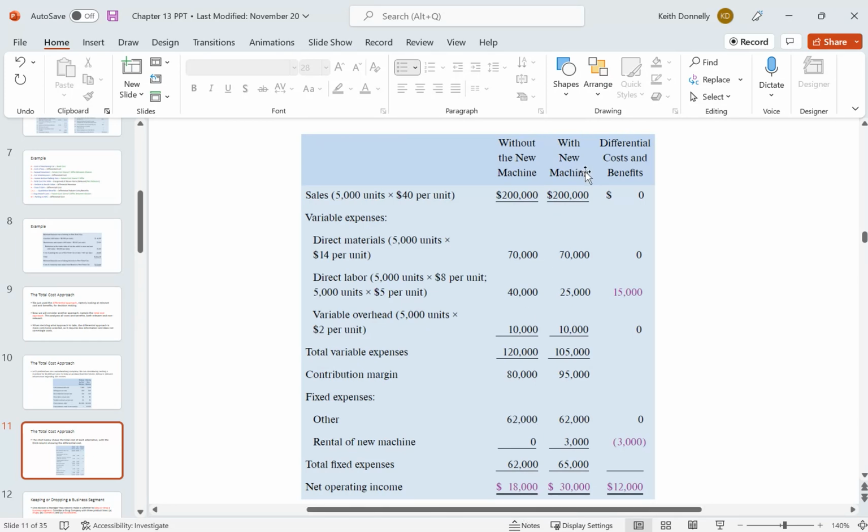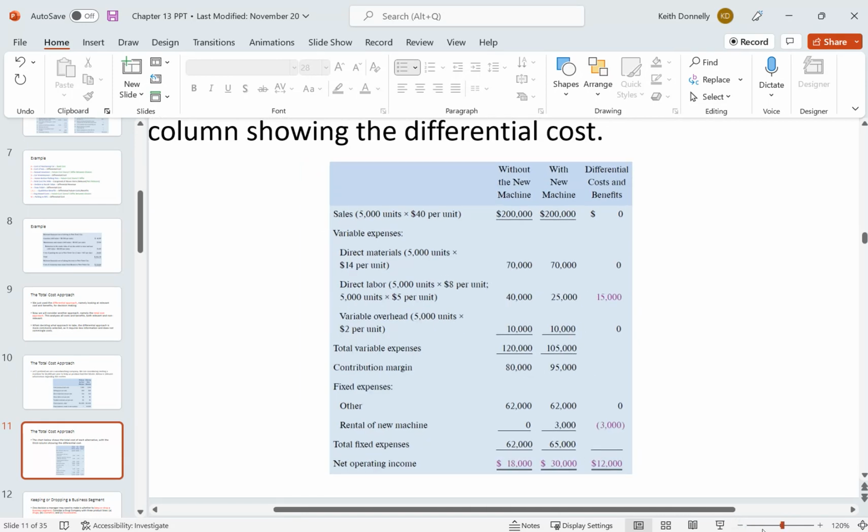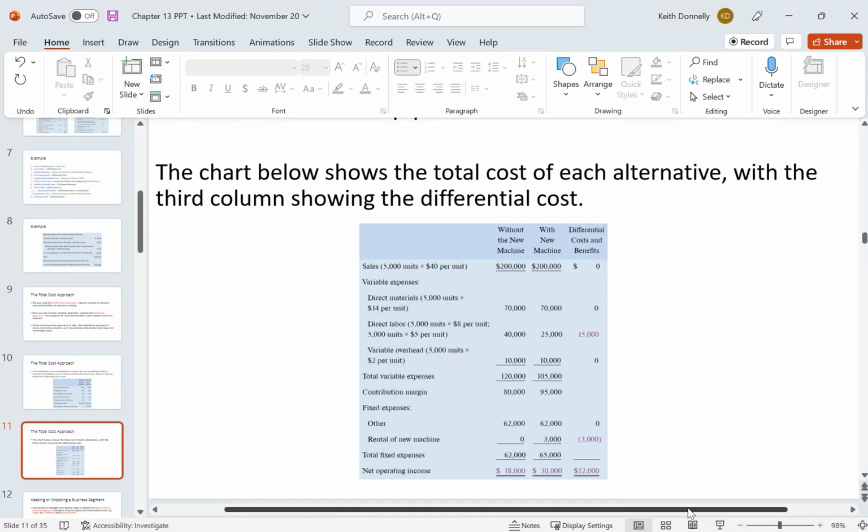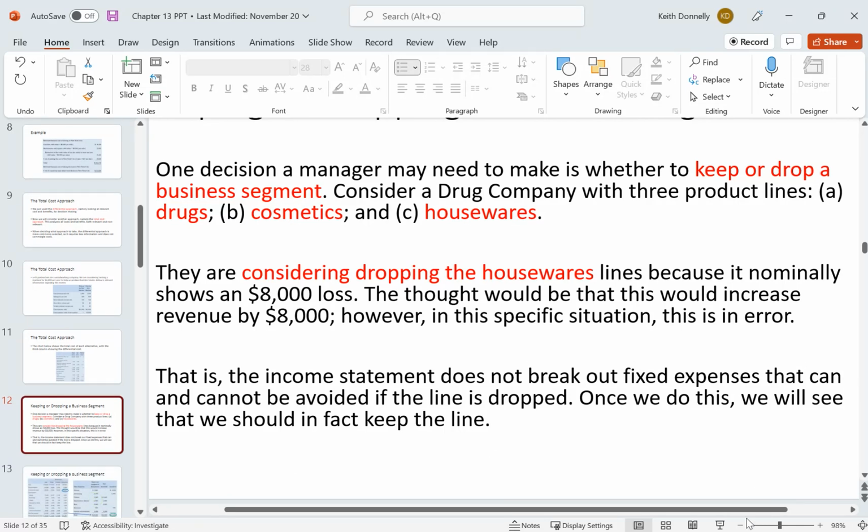If we have the new machine, we'll have $200,000 of sales, a contribution margin of 95, a 15 difference there, and then total net operating income of 30. So the 18 and the 30, the difference is 12, which also equals the 15 minus the 3 right here. So we were looking at all of the costs there under the total cost method.